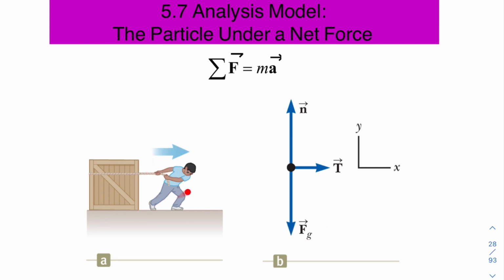And another force is applied by this man. So in terms of the free body diagram, we have normal, weight, and tension to the right. And this is our setting axis. Whenever there is a net force acting on the object, it must follow Newton's second law: summation of F equivalent to ma.